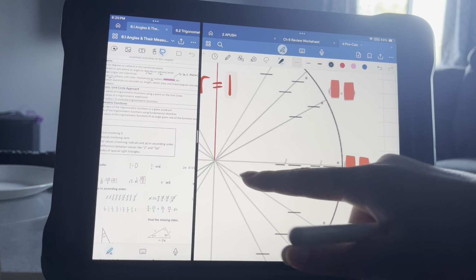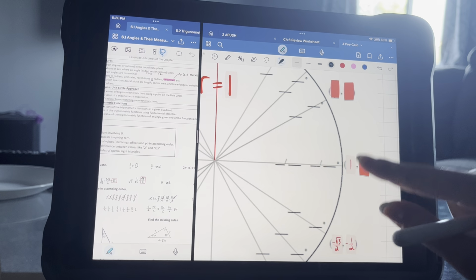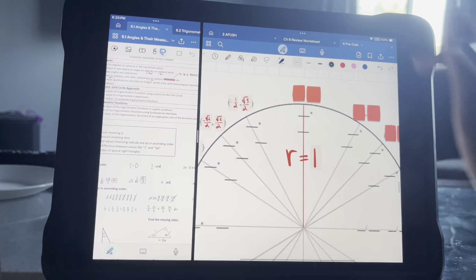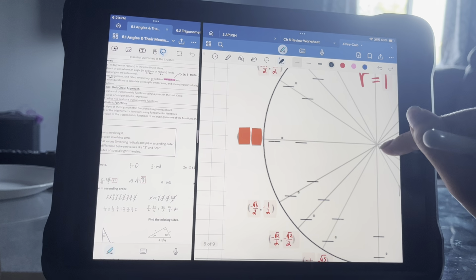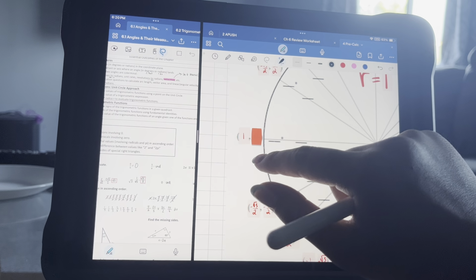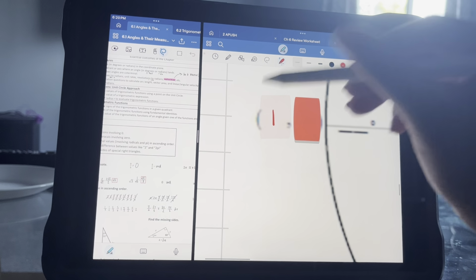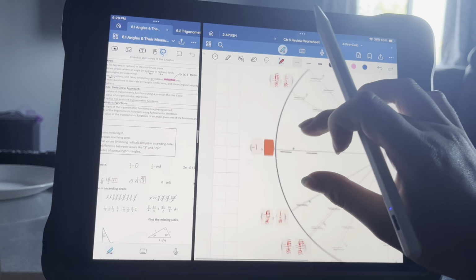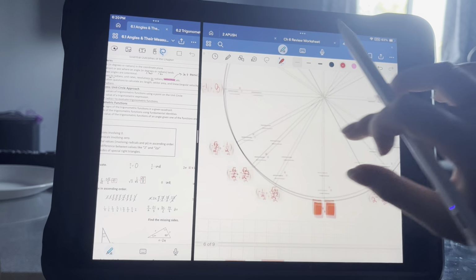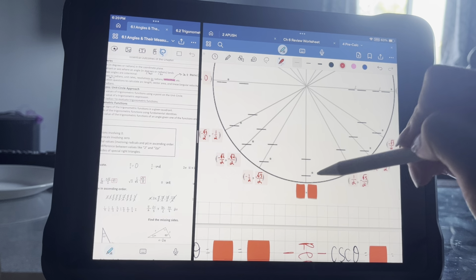This coordinate is going to be 1 over, 0 up. For 90 degrees, we're going 0 over, 1 up. Over here, negative 1, 0 up. Over here, down, and 0.